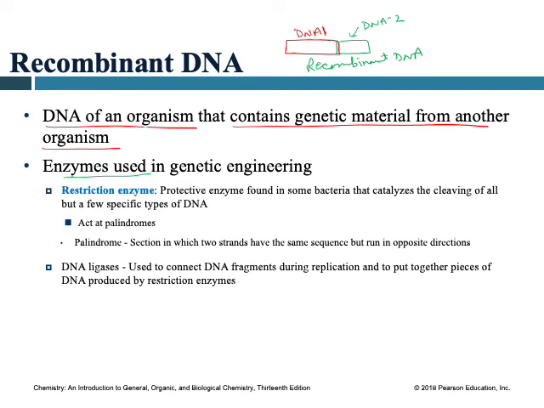let's say this is your DNA, right? Circular DNA first, and then this is your required DNA, DNA2. So how are you going to incorporate DNA2 into DNA1 to make that recombinant DNA?